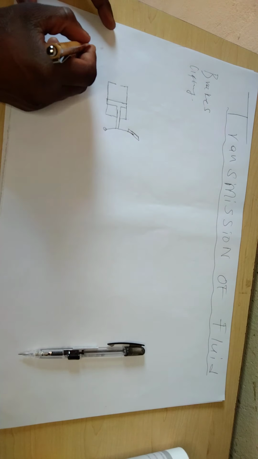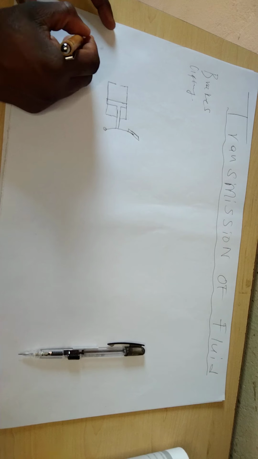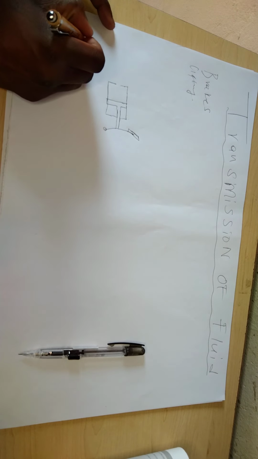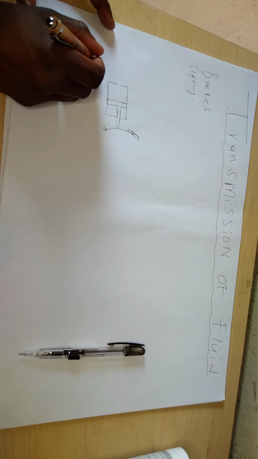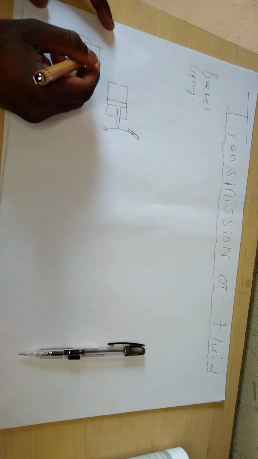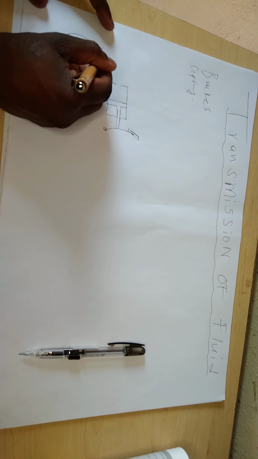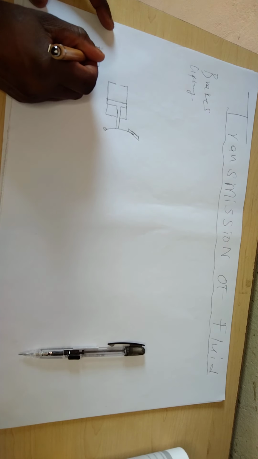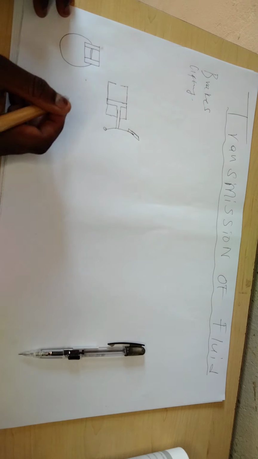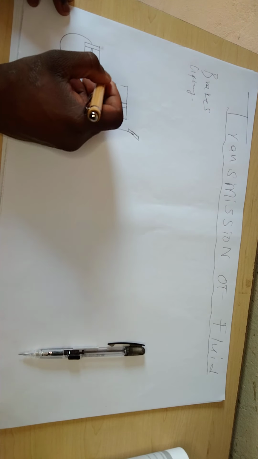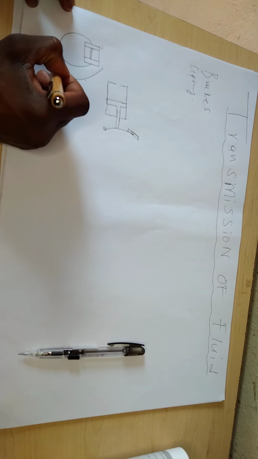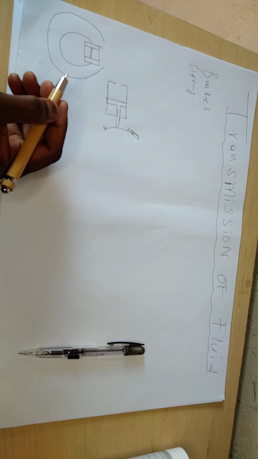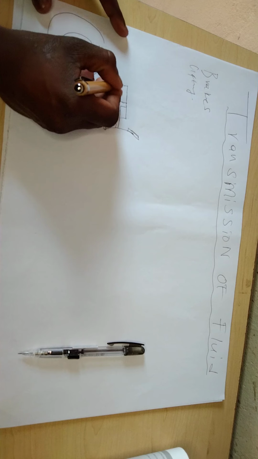Then from here I can have a wheel. Let me draw it like this, and here let me draw a slave cylinder, something like this. Then from here I can draw a wheel like this one. I'm just making a simple drawing so I can explain from it.